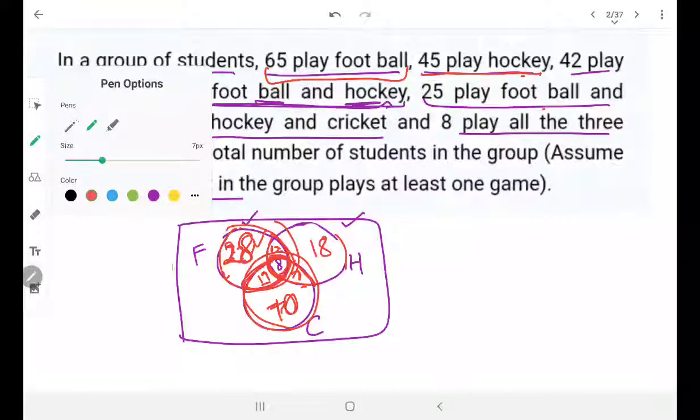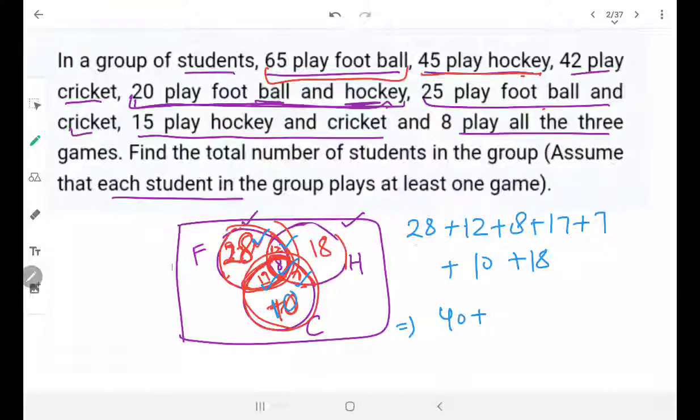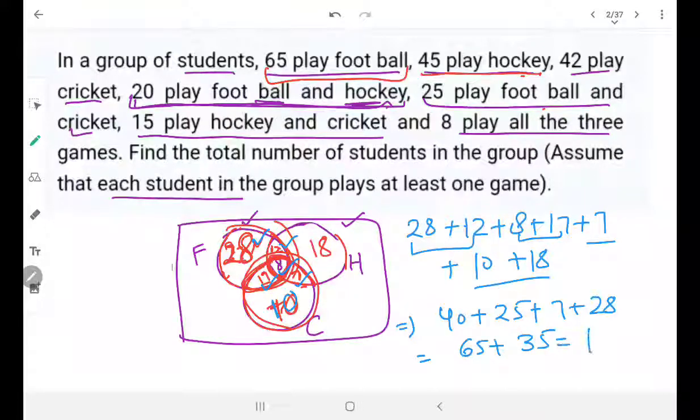Start from here. 28 plus 12 plus 8 plus 17 plus 7 plus 10 and plus 18. So how much are they? These two are 40. These two are 25. Then this is 7 as it is, and this is 28. So it is 65 plus 35, which is equivalent to 100. Okay.